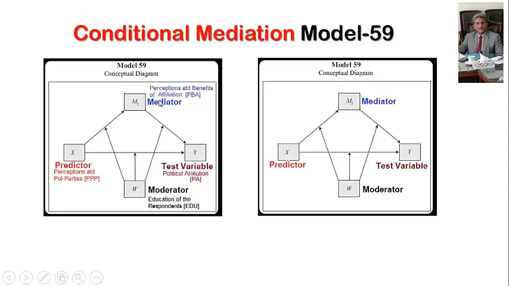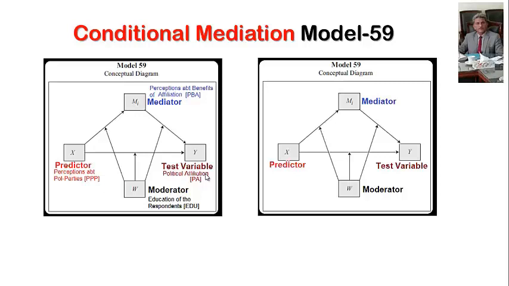Now it will be mediated, meaning that it will be supported by partial or full mediation, or there will be no mediation at all. So this is the supporting mediator, and our variable is perceptions about benefits of affiliation, meaning that the people have some opinion about the political parties, and if the opinion is good, then they have the attitude or tendency to be politically affiliated with one or another party.